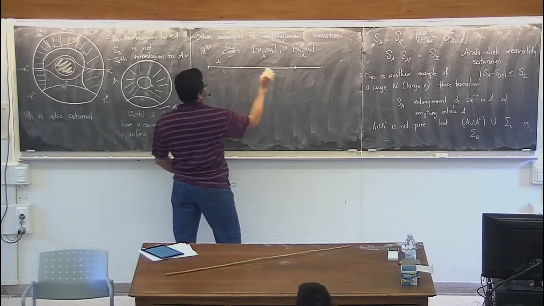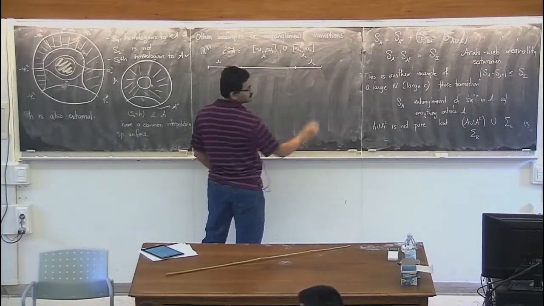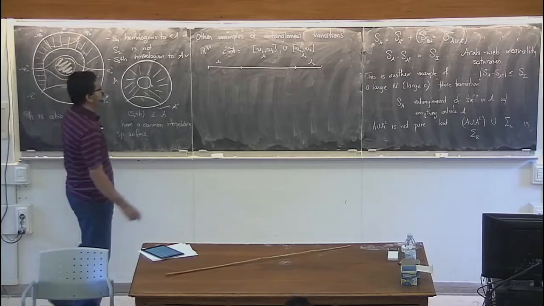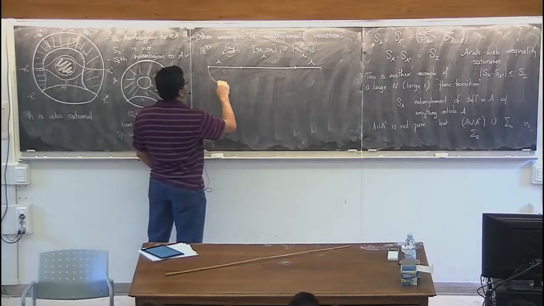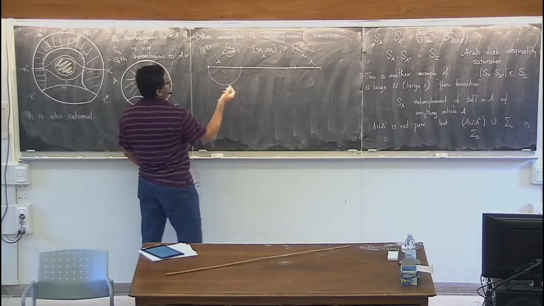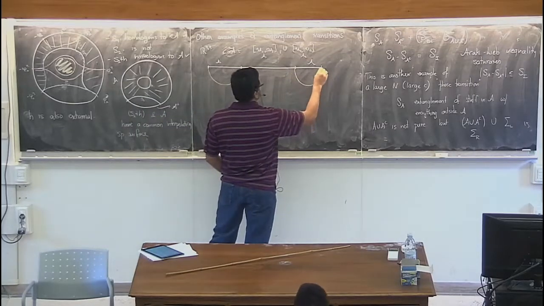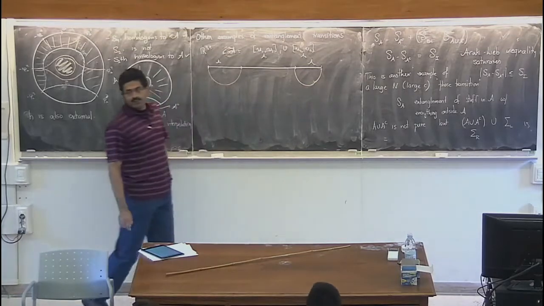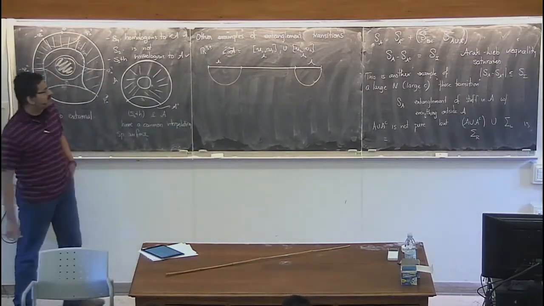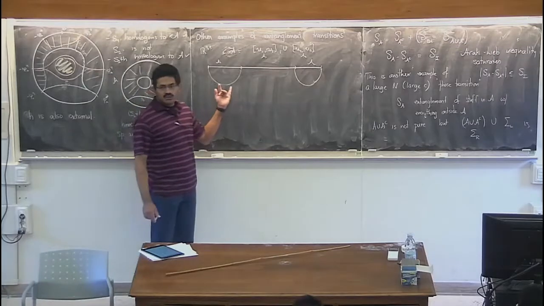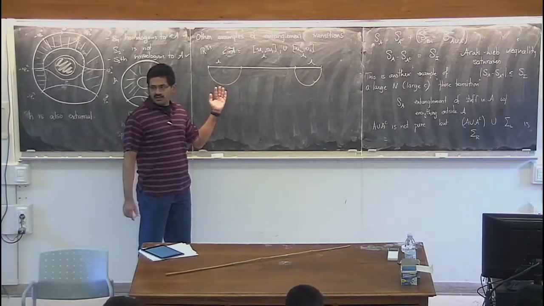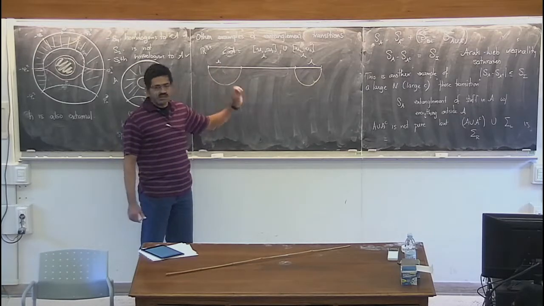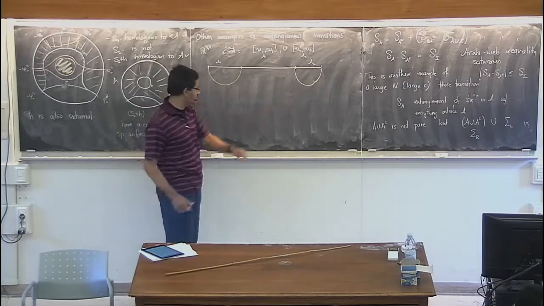So I have an interval here and I have an interval here. And we could have this surface, which is two disconnected surfaces. They're homologous to A because this one retracts to A1, this one retracts to A2 correctly.